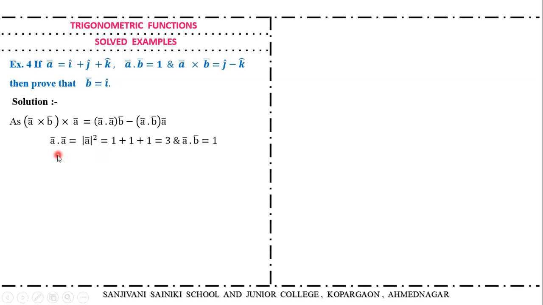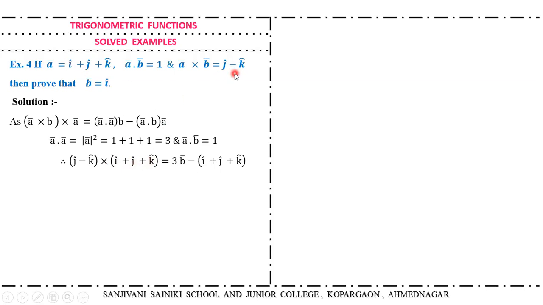Now, A bar dot A bar is the square of the magnitude. As A bar is i plus j plus k, we get the magnitude squared 1 plus 1 plus 1, which is 3, and A bar dot B bar is given to be 1. So what is the cross product of A bar and B bar? j minus k, that means this is B bar, and i plus j plus k, that means A bar.